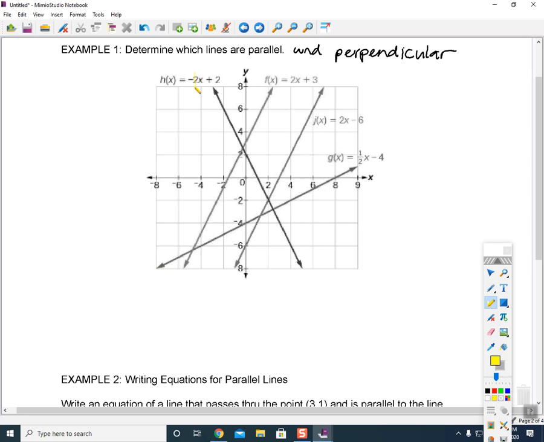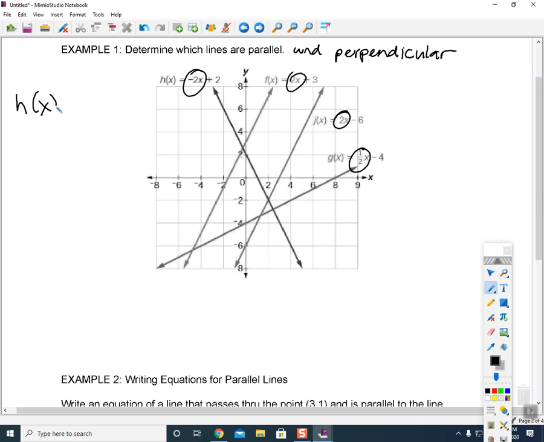I've got a slope here, another one here, another one here, another one here. I could look at the slopes and figure out which ones were the same.